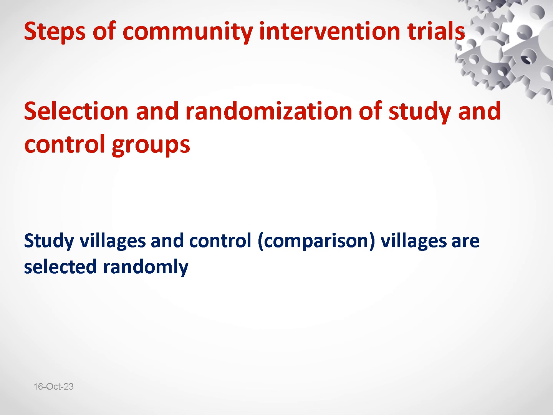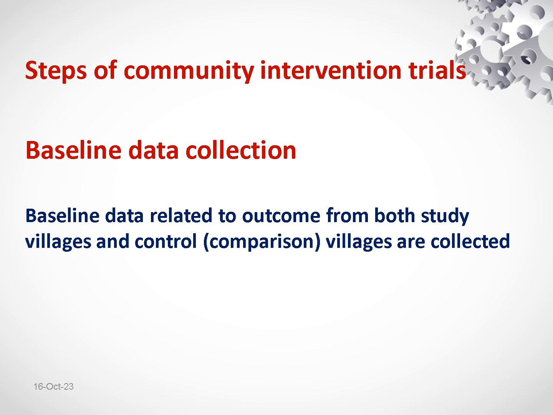Control villages, the comparison villages, are selected randomly from a list of 10 villages. 5 villages are randomly selected as study villages or experimental villages, and 5 villages are randomly selected as control villages or comparison villages. Baseline data collection.